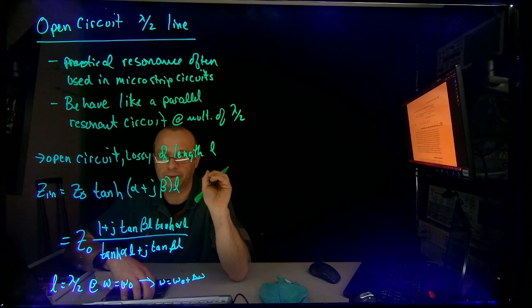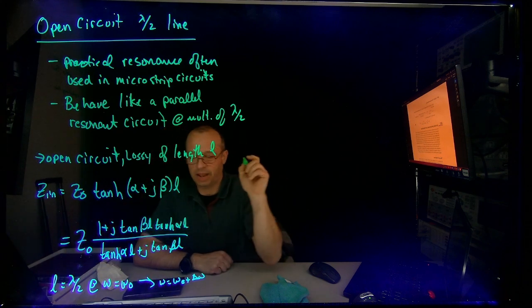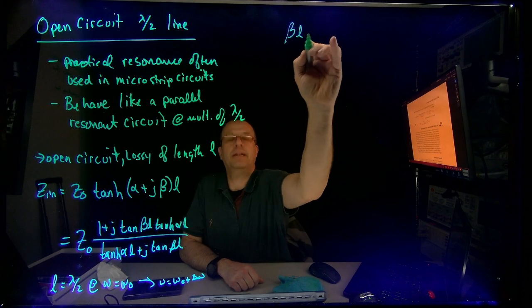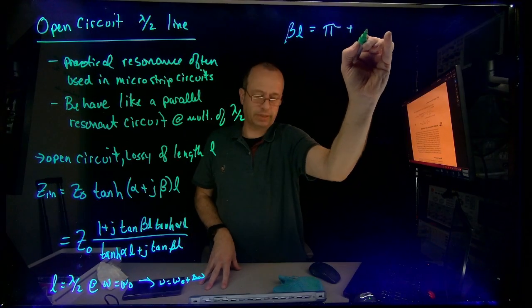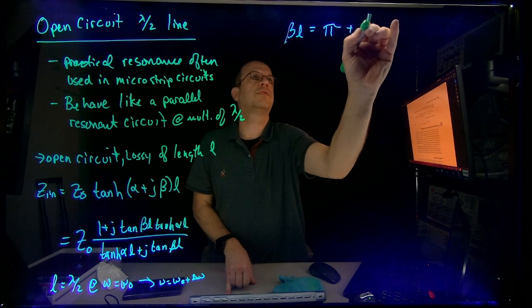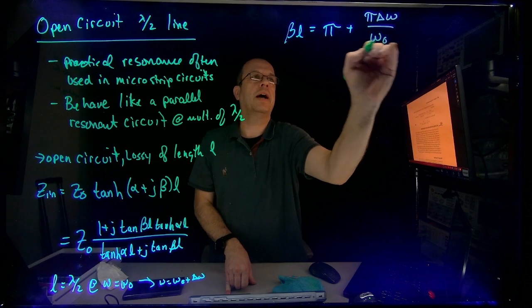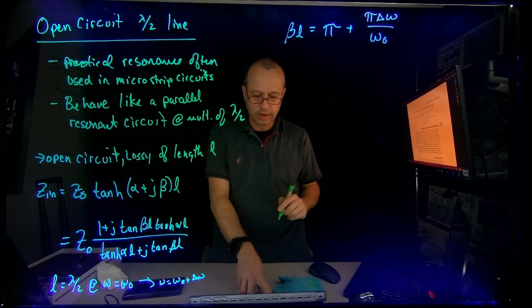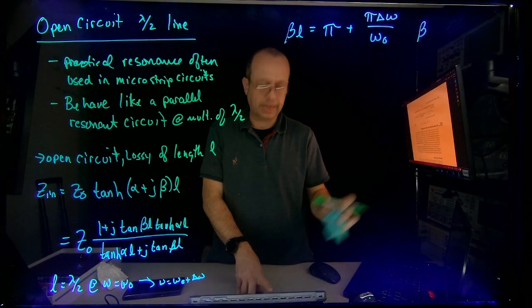So we want to see what's happening off of the resonant frequency. Now for this, we still have beta L equal pi plus pi times delta omega over omega naught. So we are still in the half wavelength, not the quarter wavelength. And therefore, sorry, not beta, tangent beta L.